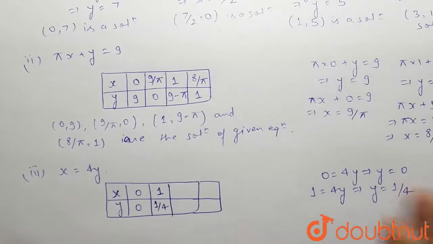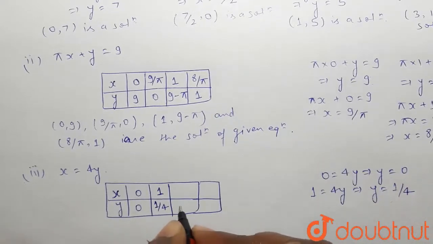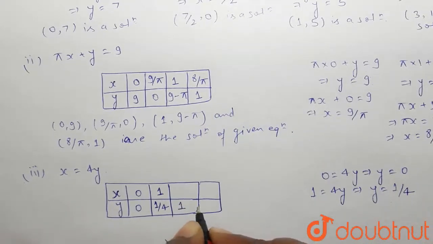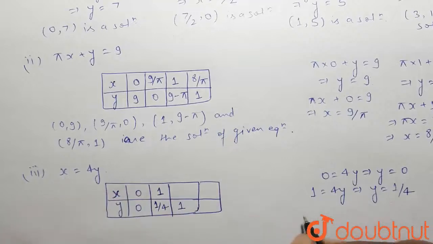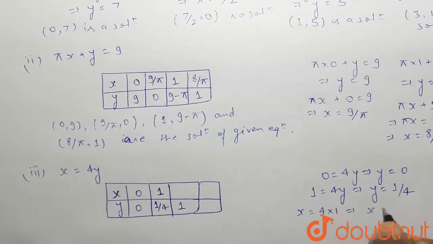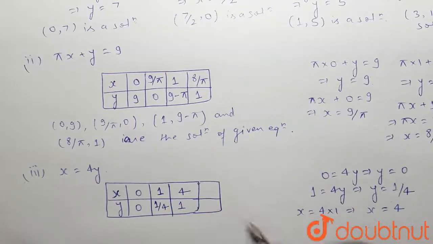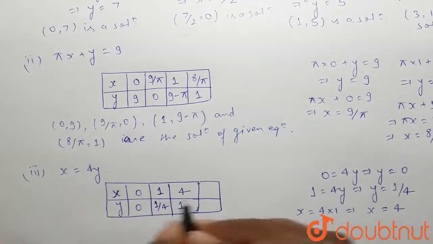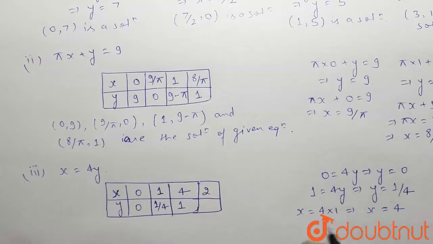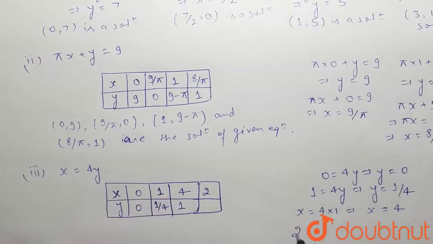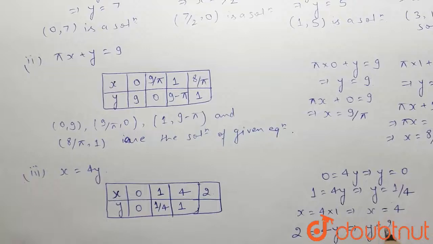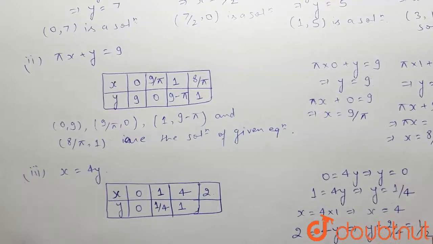Now let's put y equals to 1 to find the third solution. Then the equation will be x equals to 4 into 1, and this gives x equals to 4. Now to find the fourth solution, let's put x equals to 2. Then the equation will be 2 equals to 4 into y, and this gives y equals to 2 by 4, which is equal to 1 by 2.